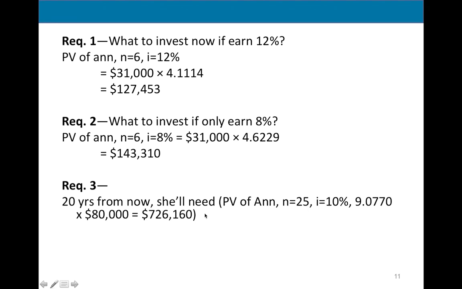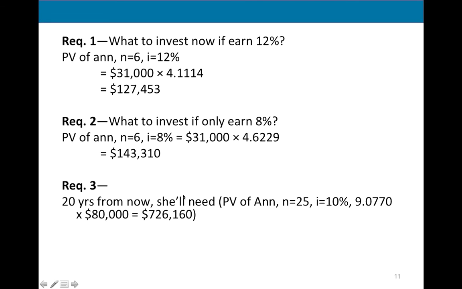This is kind of beyond what this chapter is talking about, but I think it's an interesting example. So 20 years from now, she will need, and I calculate present value of annuity, table B3. It's 25 years because she wants income after she retires for 25 years. She can earn 10%, and she wants $80,000 every year.